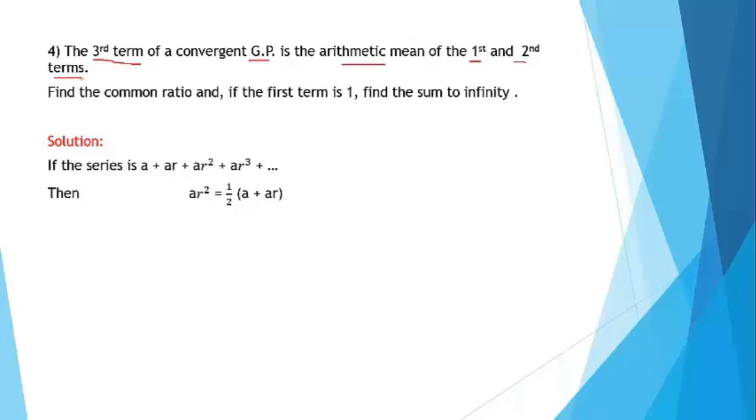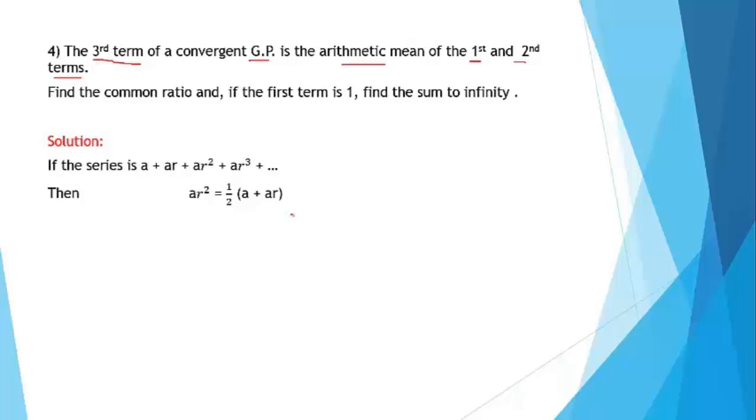Since the third term of the progression is equivalent to the arithmetic mean of the first and the second terms, the third term in this progression is ar square, and the arithmetic mean of the first and the second terms would be half of the addition of the first and the second terms. So the first and the second terms are a and ar. So ar square equals half of a plus ar.